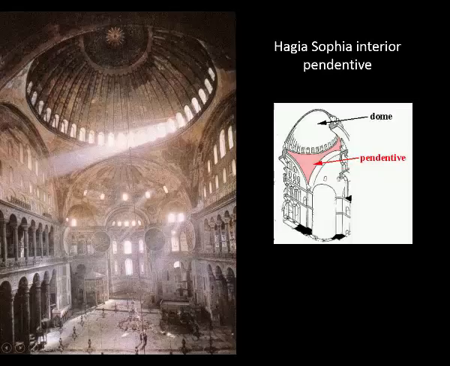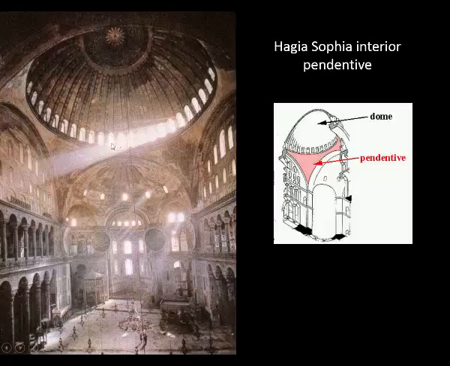The arch comes down to a point. Each point rests, as you can see here, on one of the 4 parts of the square. Then it angles up, as an arch does, and that's what creates the circular space on which the dome sits. So you can see a pendentive here. Here's another pendentive here. So that's what allows for that transition from square to circle.